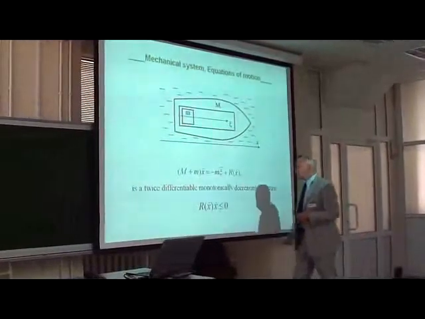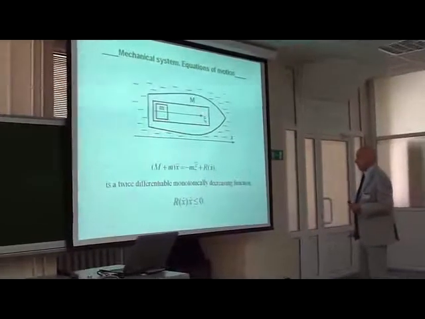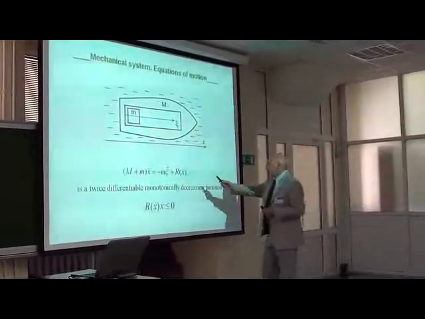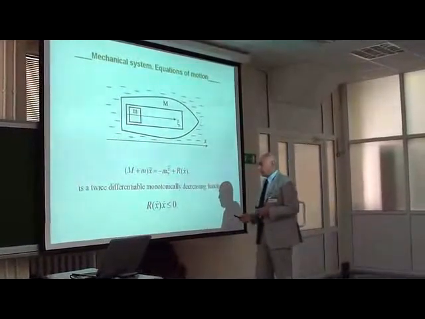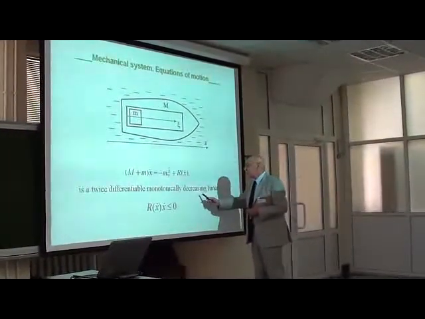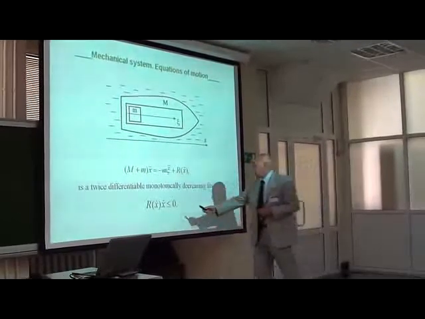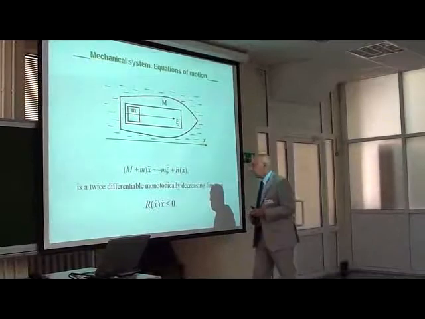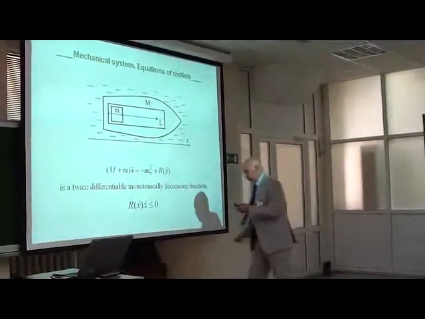X dot is its velocity, x is absolute displacement. And this function here we consider as a more general type of this function. It is twice differentiable and monotonically decreasing function of velocity. Of course, it must be directed against the velocity, so its work is negative, of course.